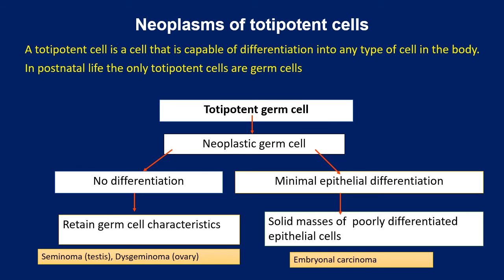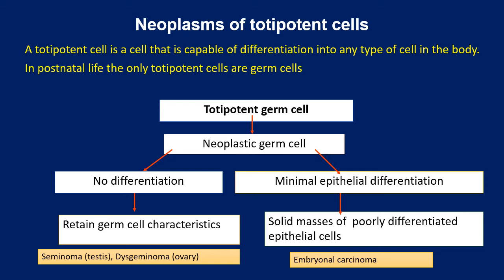There are neoplasms arising from totipotent cells. What's the meaning of the totipotent cell? A totipotent cell is a cell that is capable of differentiation into any type of cell in the body. So in the postnatal life, the only totipotent cell present is the germ cell. So the germ cell is the only totipotent cell that remains in the postnatal life.